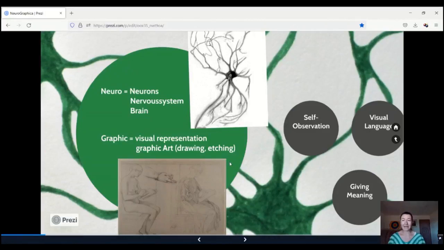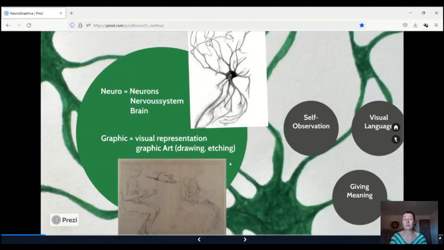And that is something that in today's world gets more and more interest, especially because so many people are nervous overloaded. And we try to regulate the nervous system. And NeuroGraphica is an approach to doing that through art. So in a fun way.